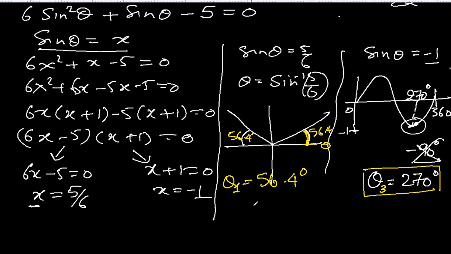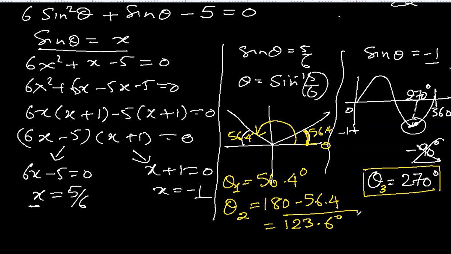Theta 2 will start from 0 again, but reach the line we drew here, which will be 180 minus 56.4, and it is 123.6 degrees. These are the three answers for the given equation.